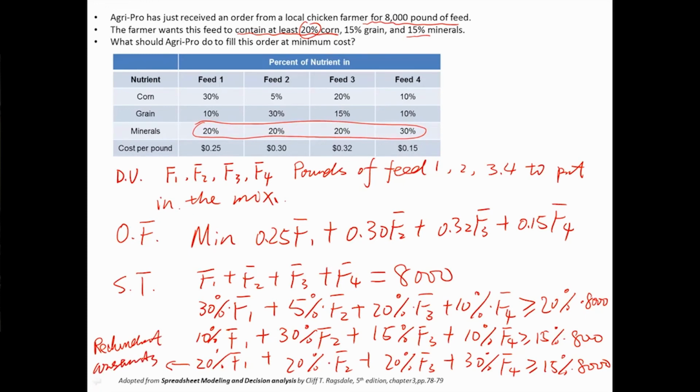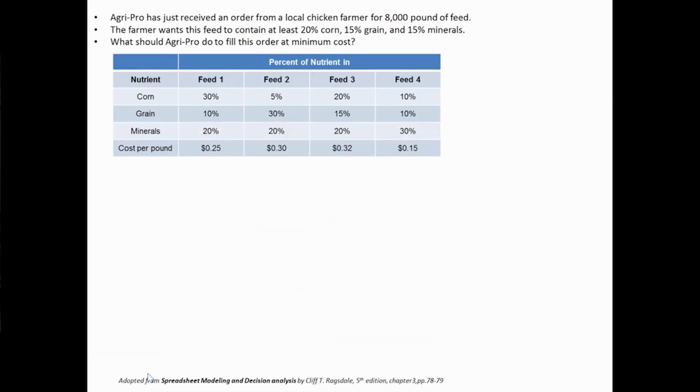With or without it, it will be the same. Besides these, don't forget the non-negativity: Fi are all greater than or equal to 0 for all i from 1, 2, 3, 4. That's my last constraint.